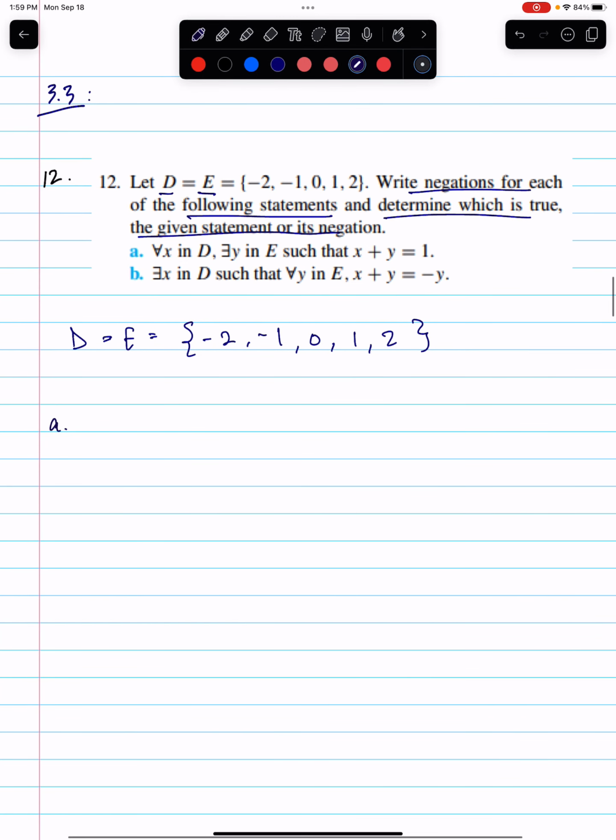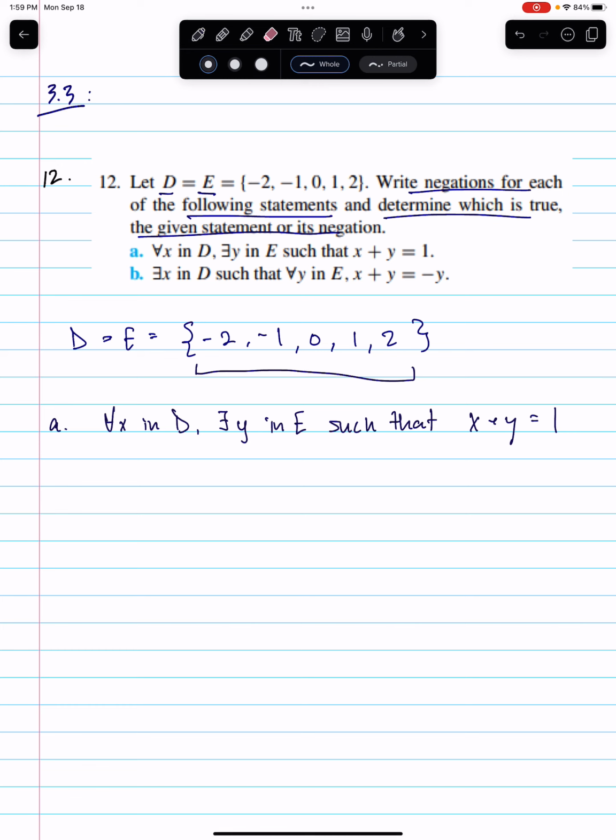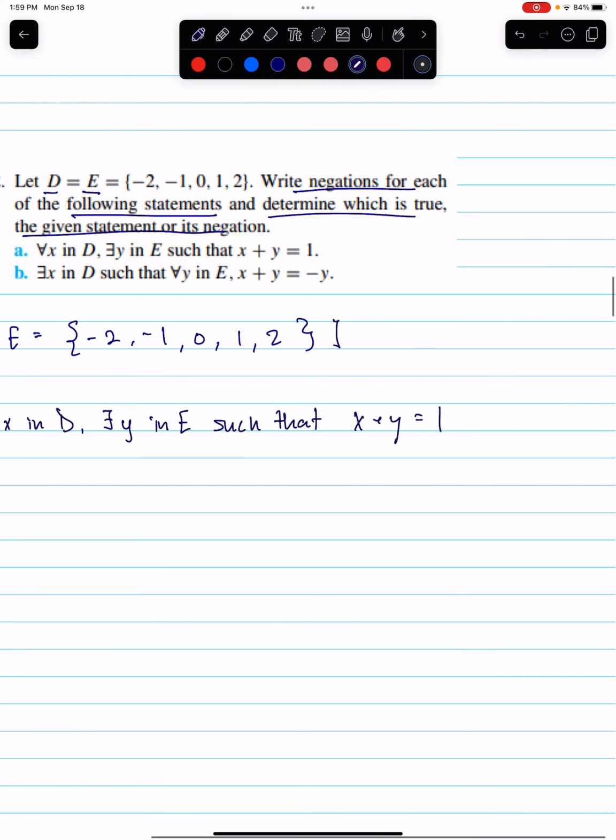Alright, so it says for every x in D, there's some y in E such that x plus y equals 1. So when it comes to infinite and non-infinite sets, right now we have a non-infinite set.